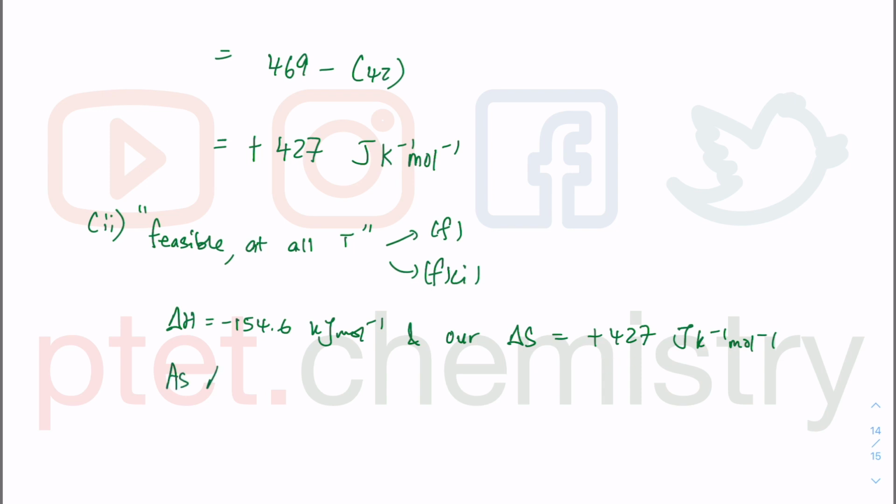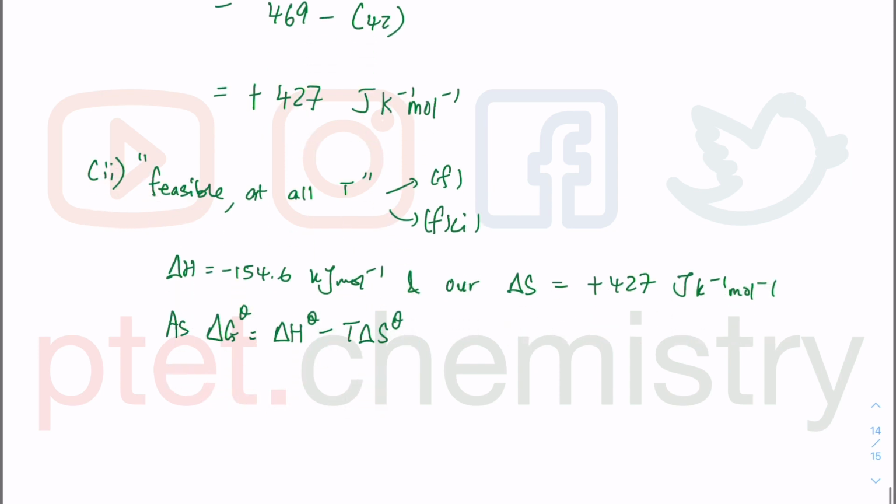As delta G equals delta H minus T times delta S. This is a relationship that's stated in the syllabus, something you must know. When this thing is negative and this thing is positive, and temperature in Kelvin is greater than 0 because you cannot go to negative Kelvin, it's always greater than 0.